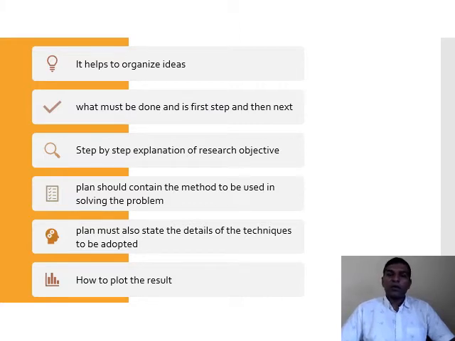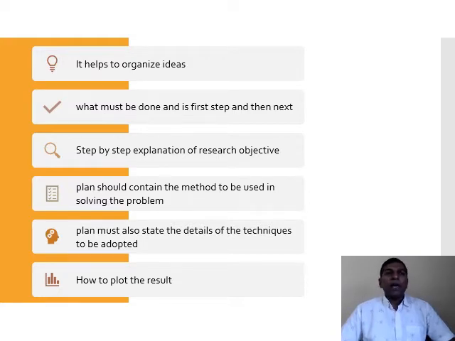So what is the input? What is the output? What will be the internal processes? Which are the methods that we are going to use as a treatment for the input? According to that, we will be expecting a desired output. So for every plan, we should write the detailed explanation of the stages.